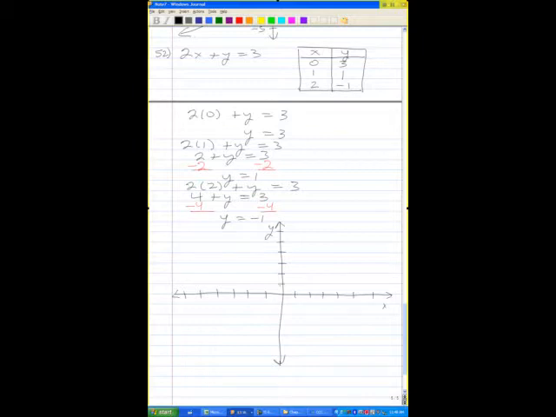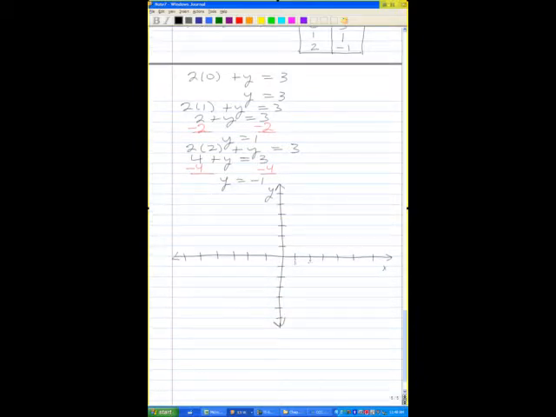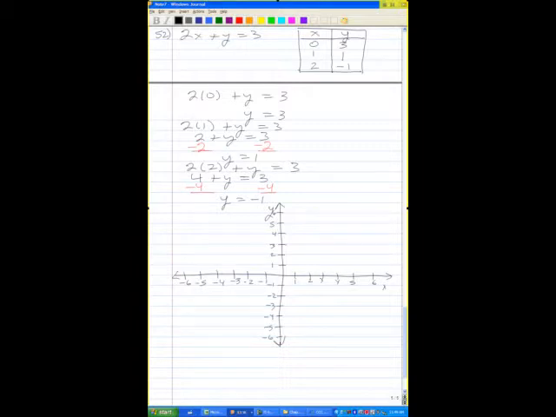So I'm just putting all my tick marks on the graph. Okay, so now let me plot the point 0, 3, the y-intercept, 1, 1, 2, -1.